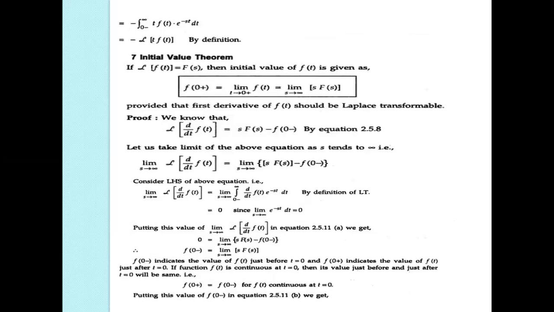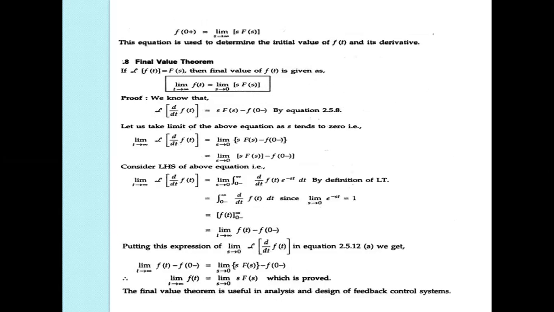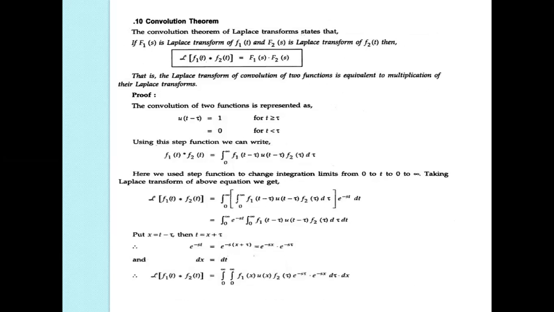The sixth is differentiation in the S domain. The seventh property is the initial value theorem. It is very important, and you have to use the bilateral Laplace transformation for the derivative of the time domain signal to prove the initial value and also the final value. So the seventh and eighth are the initial and final value theorems. And the ninth one is the convolution theorem, my dear students.